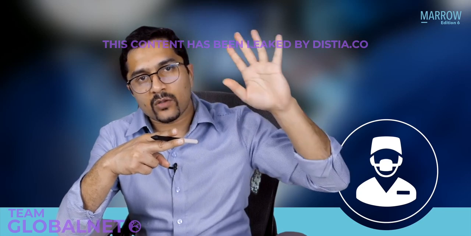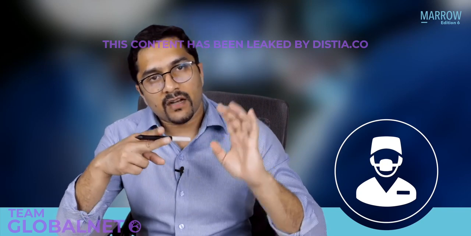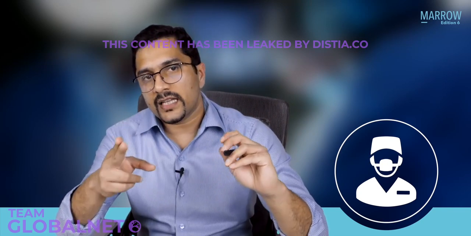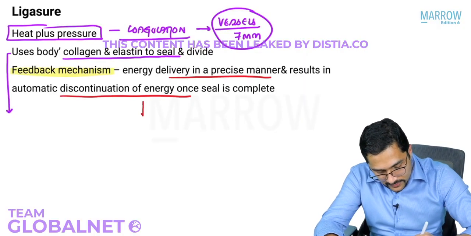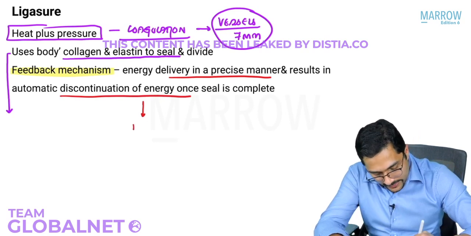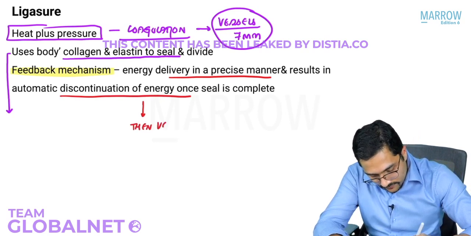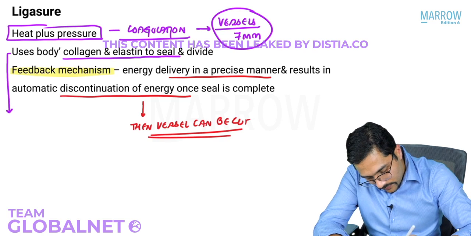A teeny sound which will tell me that the vessel is now sealed. And once I know the vessel has been sealed, then I can cut it. So the advantage of Ligasure is that there will be discontinuation of energy once the vessel is sealed, and then the vessel can be cut.